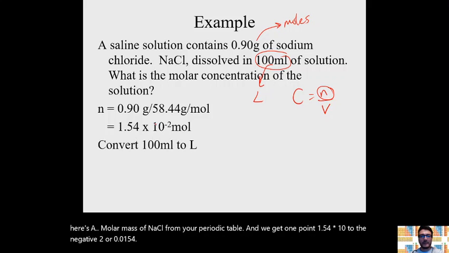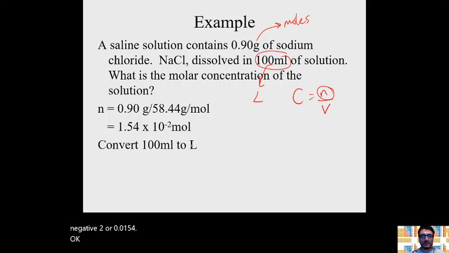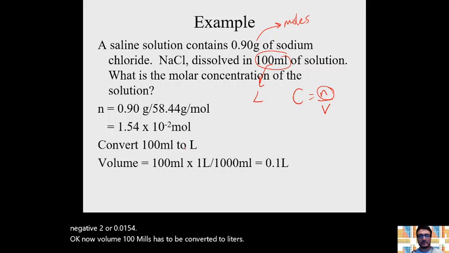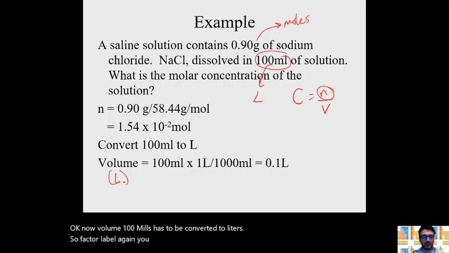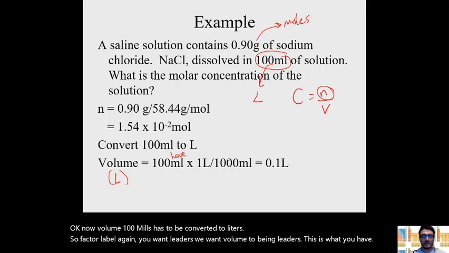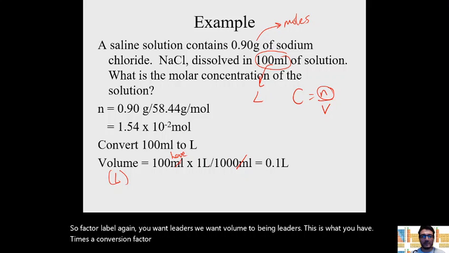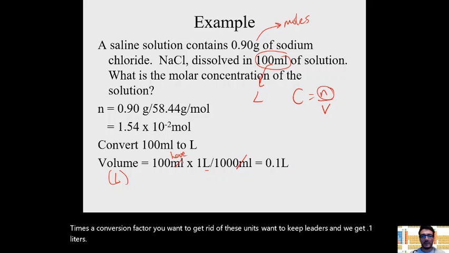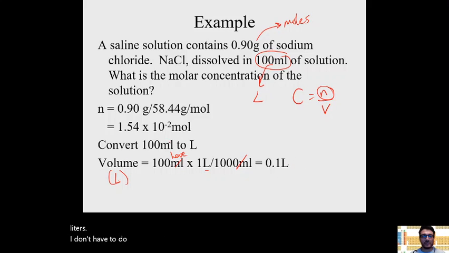Okay, now volume, 100 mL has to be converted to liters. So factor label again. We want volume to be in liters. This is what you have times a conversion factor. You want to get rid of these units, you want to keep liters, and we get 0.1 liters, right? Don't have to do this every time you do a question. If you want to just divide this by 1,000, that's perfect too.